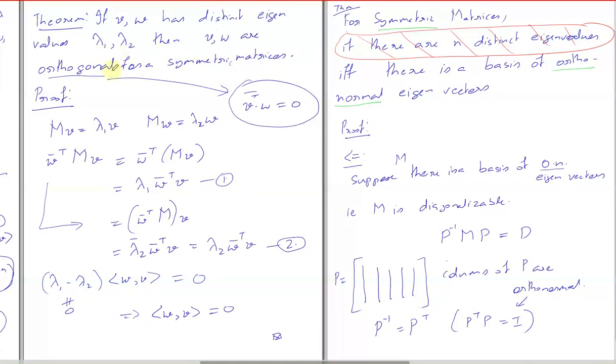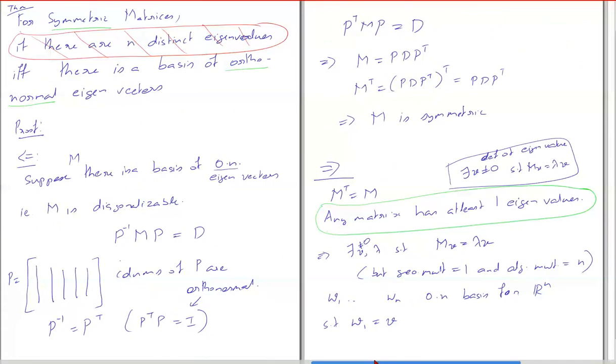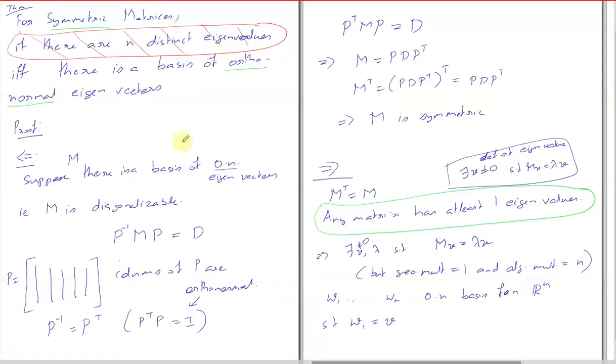And finally we said that if you have a basis of orthonormal eigenvectors, then the matrix has to be symmetric. In the next lecture, we will prove the converse: if you have a symmetric matrix, there is a basis of orthonormal eigenvectors.